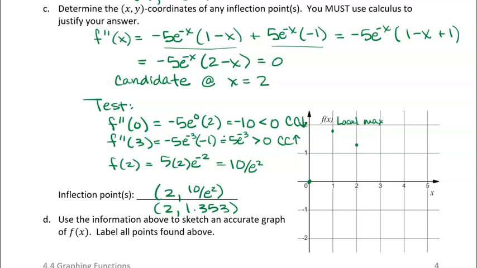And we also know that it's concave down everywhere to the left of 2. So this has to be concave down, right? Concave down to the left of 2. Now it probably continues on this way as well. But it's concave down. This is our inflection point.